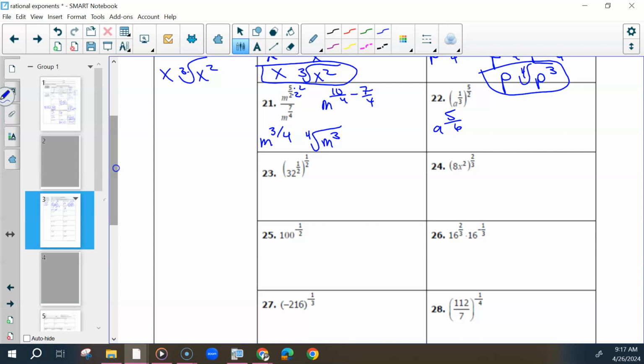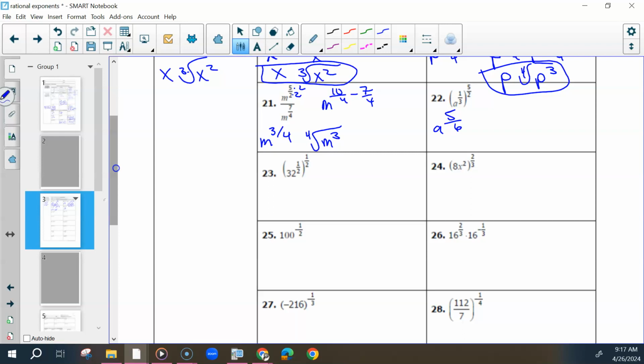I don't know. So let's look at this one. It'll be similar. Whatever the denominator is, you're going to put that outside the root. Whatever the numerator is, you're going to put that as the exponent.